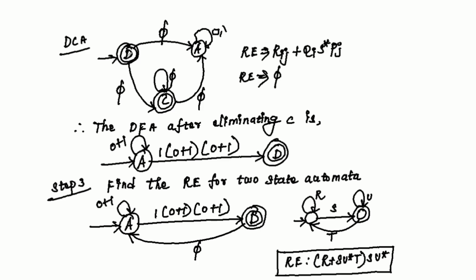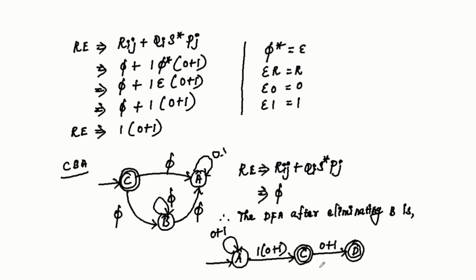The transitions from D to A, D to C, C to A and C to C are null, because there is no input for all these transitions. Only capital A has a self-loop transition on A to A, which is 0, 1. Look at the transition diagram.